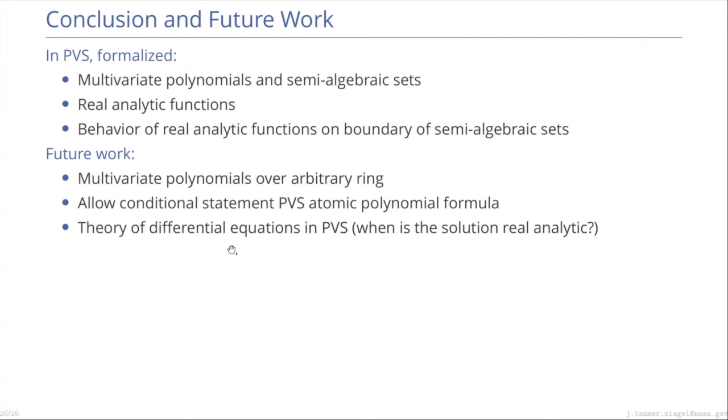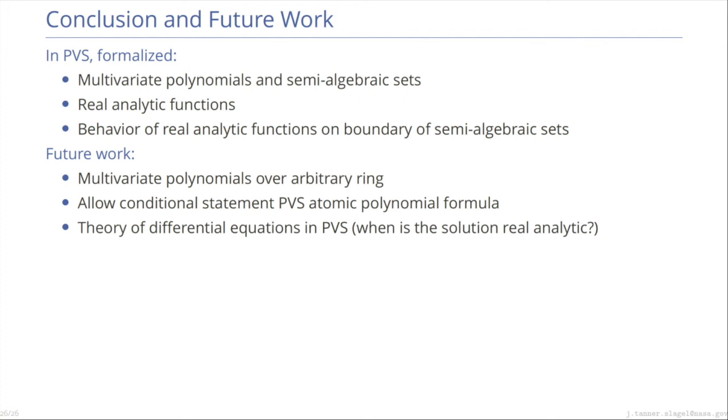I should note that there are a lot of other applications for this stuff. So we introduced multivariate polynomials over the real numbers. We could change this formalization for the multivariate polynomials to be defined over an arbitrary ring. That would make the specification more robust.